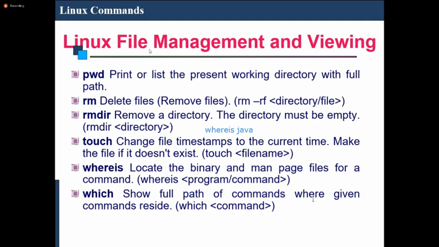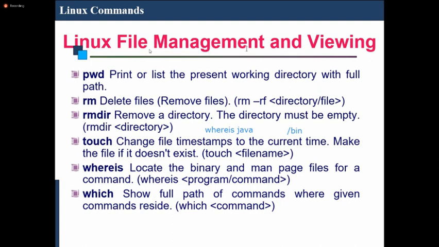So this is how you type that command. Yeah, which shows the full path of the commands. So which, then you give a command, then it shows the full path of where the commands are. Here whereis is used to locate the binary files, right? Usually binary files are in the slash bin folder in Linux, right?